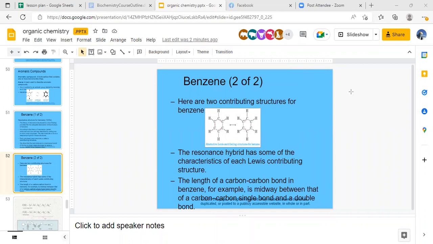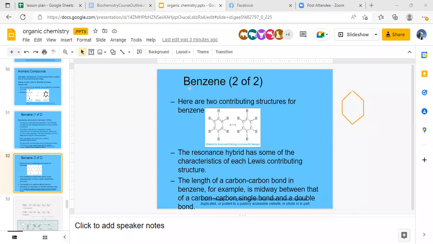Okay. Yan. Tapos yan. Okay. So you still have the hexagon structure.